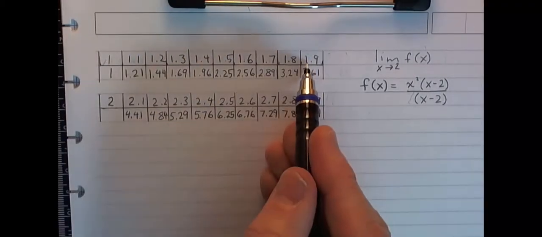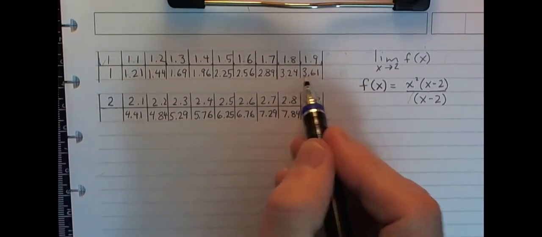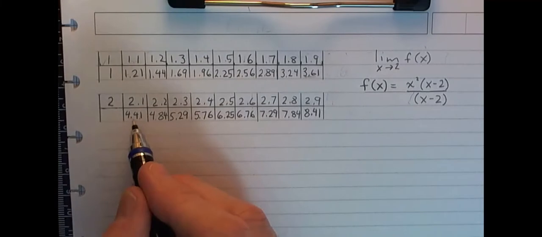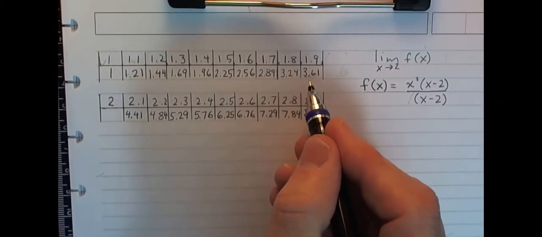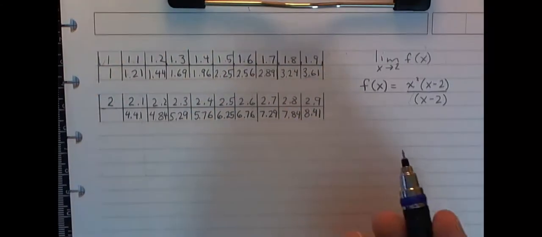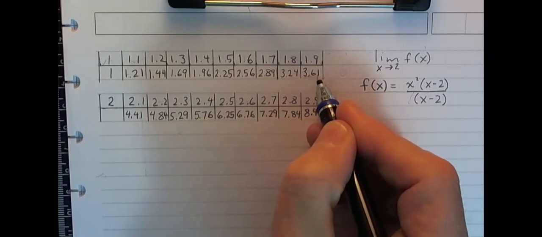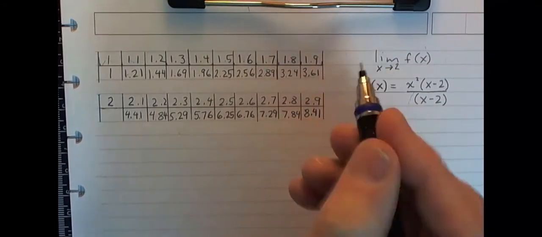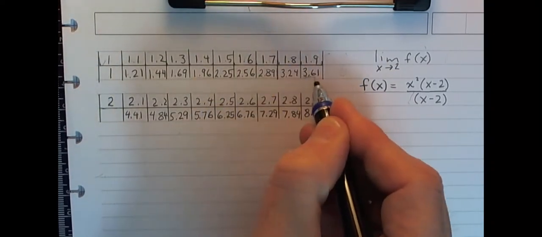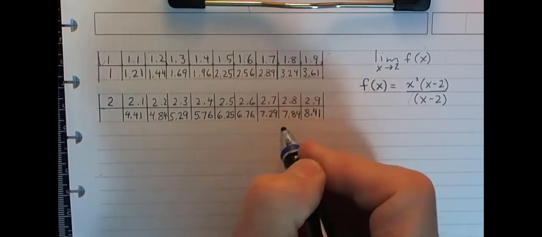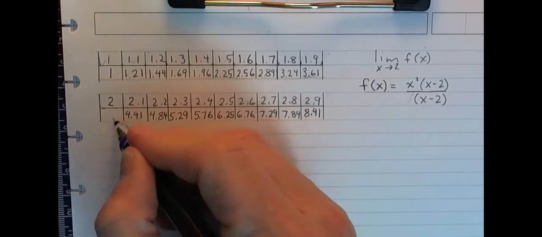When we were at 1.9 for the x value, we had 3.61. So we're not incrementing the x's by very much, it's just 0.1. Maybe if we wanted to get a better conjecture, we would increment by hundredths or thousandths. The point is, you can see this one is heading toward 4, and this one's heading toward 4. I mean, 4 seems like a reasonable conjecture.